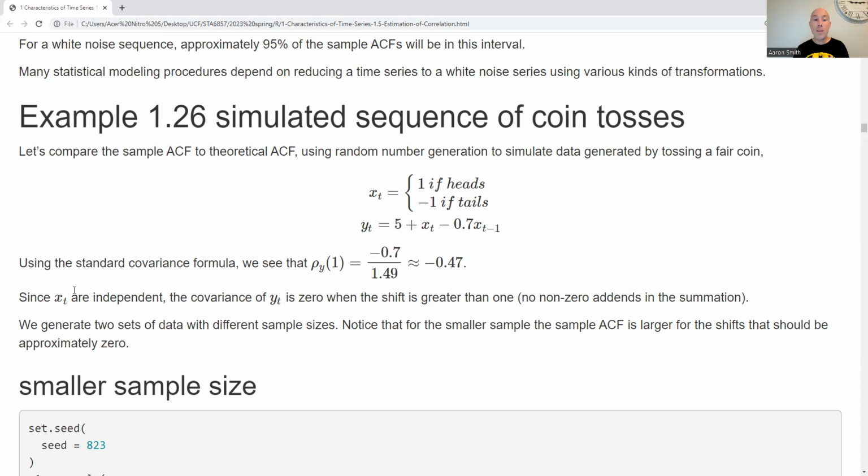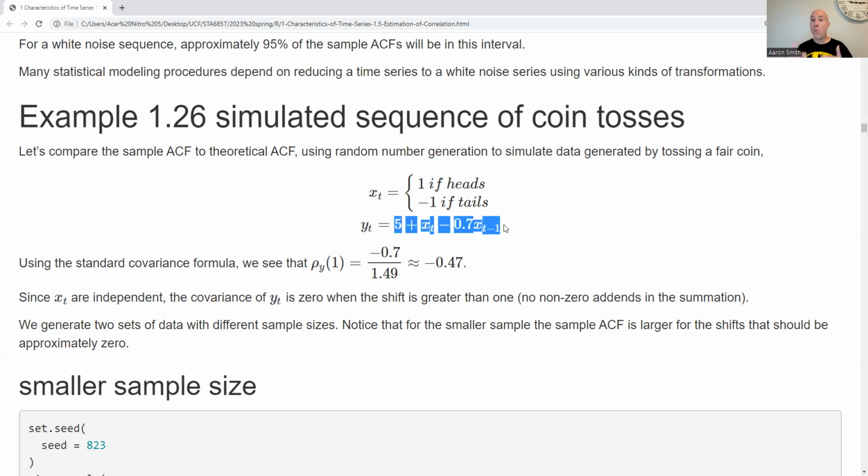Now the x's are independent, and so the covariance is 0 when the shift is greater than 1. So when you sit down to do the calculation on this covariance, because of the IID aspect, they're independent, identically distributed. What's going to end up happening is that when I have 2 points, like here, when I've got overlap, I'm going to have the number of overlapping terms in the covariance computation.